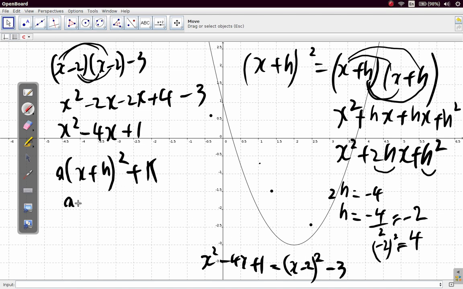You can see that a is 1, h is negative 2, k is negative 3. So if you're given x squared minus 4x plus 1 and you're asked to write it in the form a(x plus h) squared plus k, then you do what I did earlier, and then if you're asked what is the value of a, h, and k, then you would show it here.